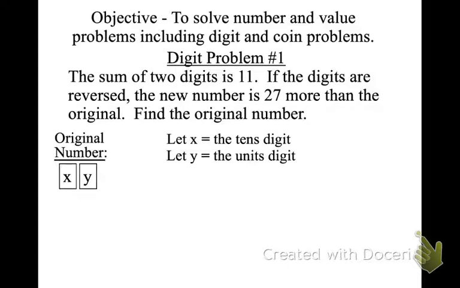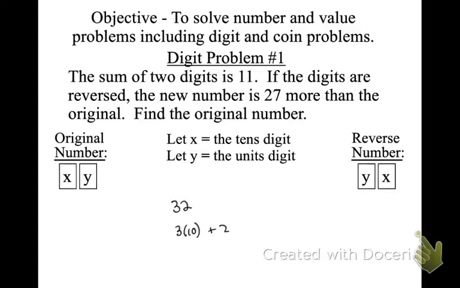So if I were to reverse that number, what would it look like? If I were to reverse those digits, that would be YX. Now let's talk about the value of this original number. Let's just say that the number is 32. Doesn't that mean 3 times 10, because it's in the tens digit, plus 2?